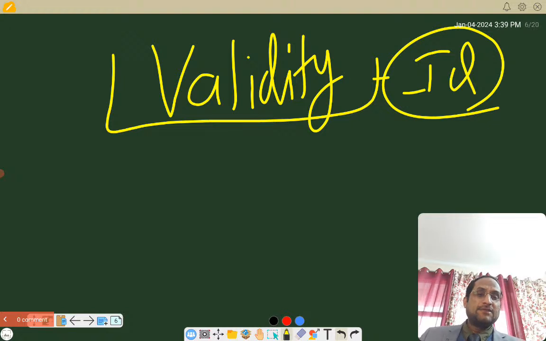Face validity, as we say: if you see a teacher or a professor, the professor should look like a professor. Or if you see a student, for that matter, the student should look like a student, right? If you're aspiring to become a bureaucrat, you must look like a bureaucrat also. On the face. What is that called? Face validity.